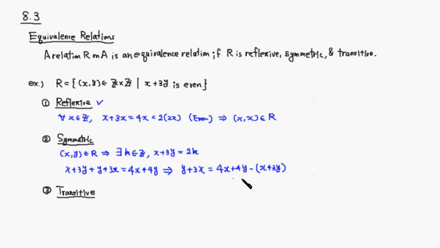But x plus 3y is the same as 2k, so this is 4x plus 4y minus 2k, which is 2 times 2x plus 2y minus k.